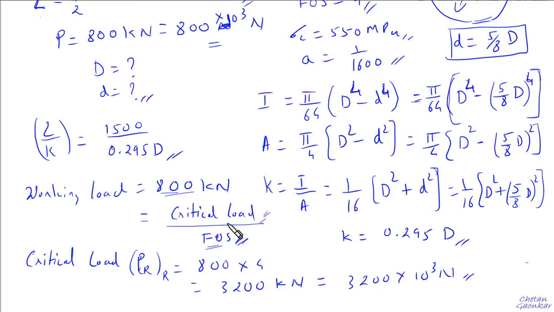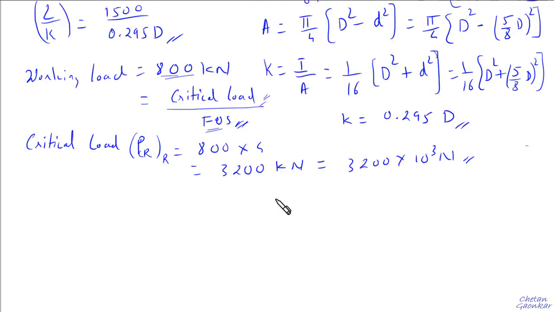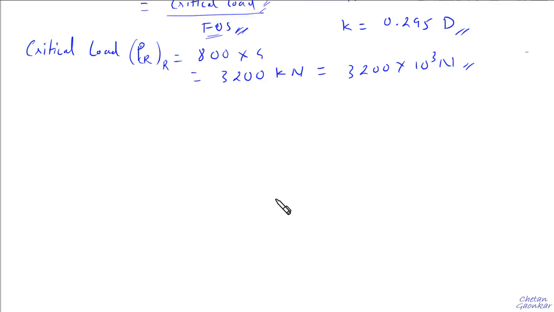So now we have almost all the quantities which are required in our Rankine's formula. So if I go for this Rankine's formula now, that is PCR, which is given as sigma C times A, the crushing stress multiplied by area, divided by 1 plus Rankine's constant times L by K the whole square.